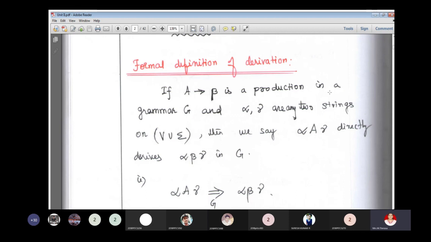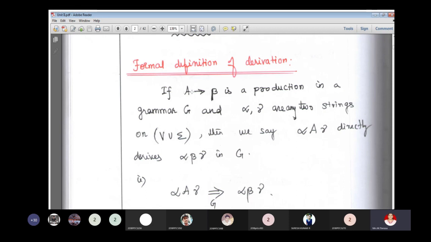A tends to beta is a production in a grammar G, and alpha and gamma are any two strings over the union of variables and sigma. Here you can see the sigma. Sigma is nothing but the terminals. So you can read it as variables and terminals. Then we say alpha A gamma directly derives alpha beta gamma in G.